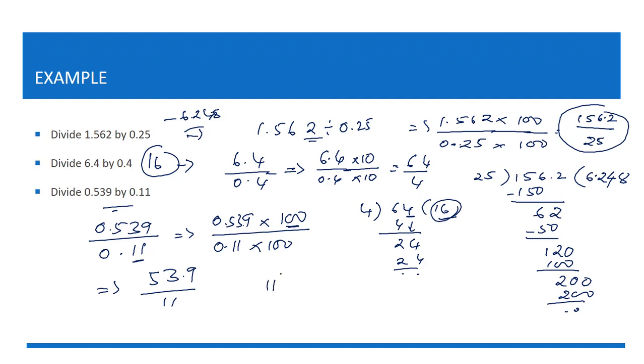Now divide: 11 4s are 44. Then bring down 9, and place the decimal here. 11 9s are 99, the remainder is 0. The answer for this is 4.9.